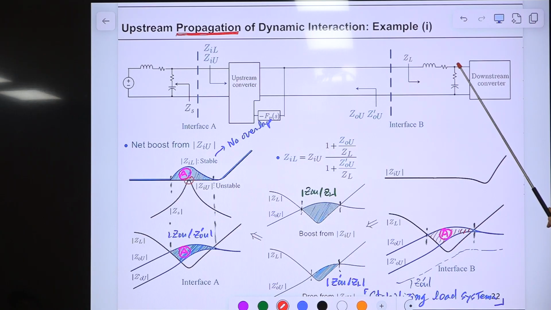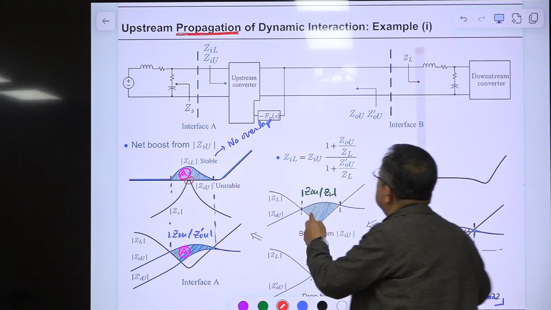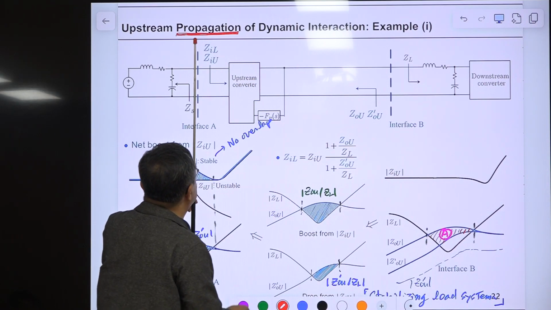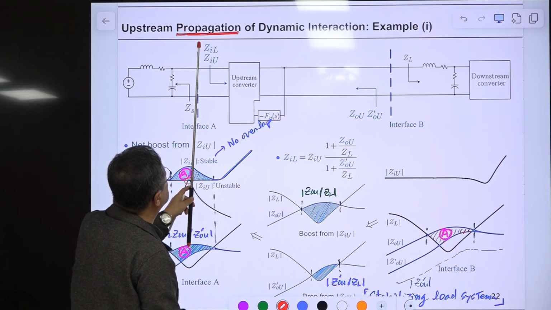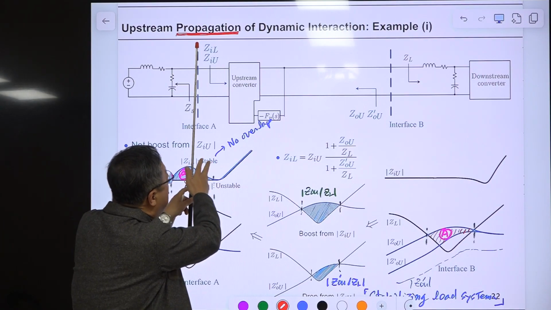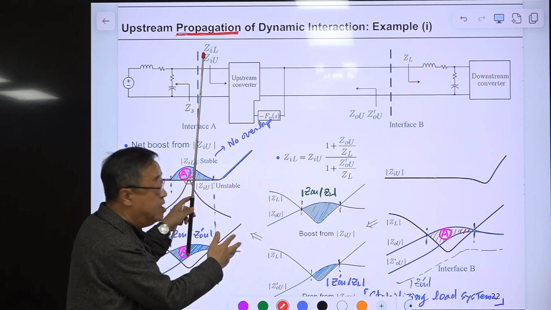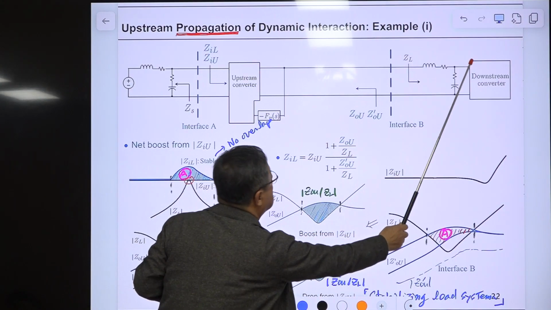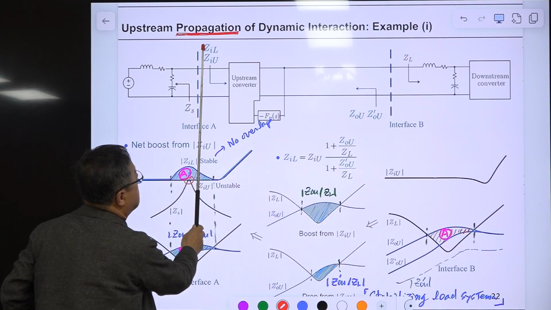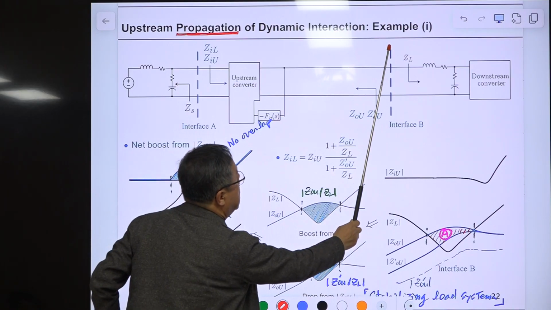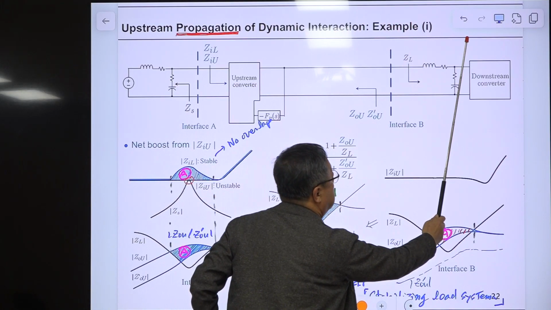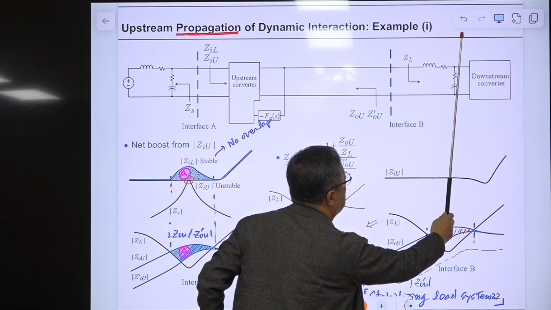Okay, so there are many interfaces. So focus on this one. Maybe this is interface A now. Previously it was something else. Interface A was here, B was here, but now this is interface A, and this is interface B, and the interface C maybe here, but we are not paying attention to this.